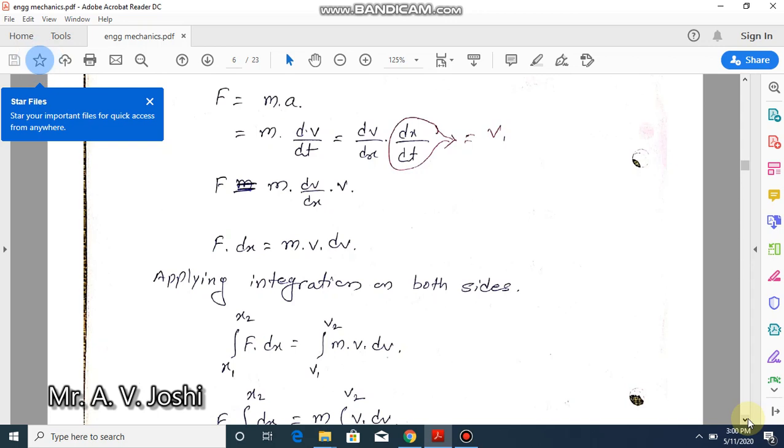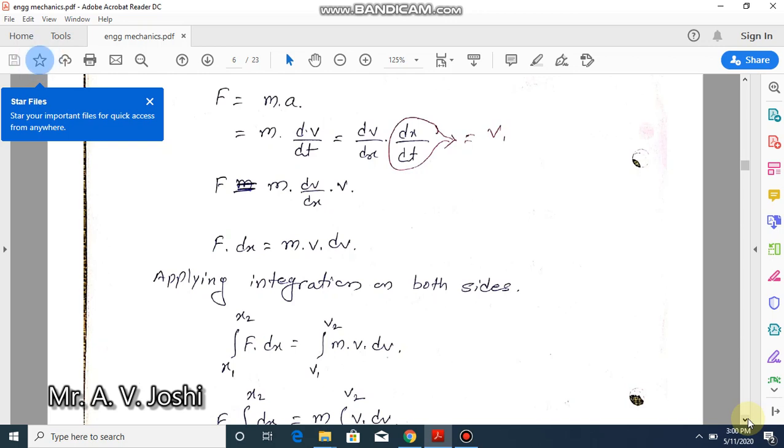Applying integration on both sides, integrating x1 to x2, the integral of F dx equals the integral of m v dv from v1 to v2.